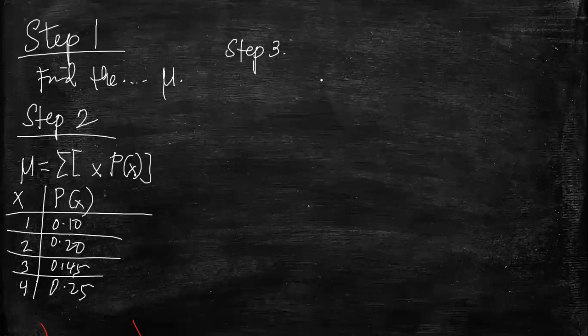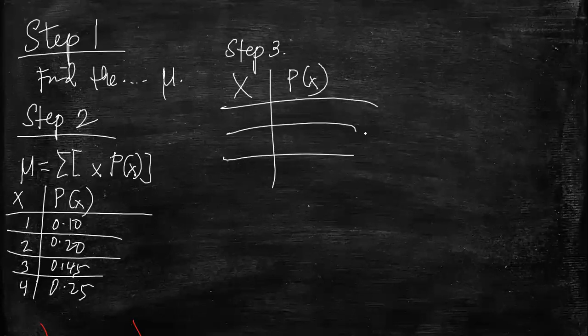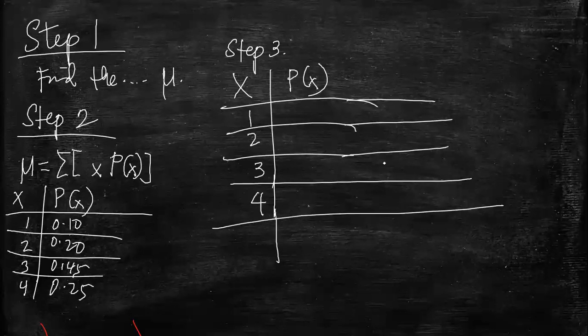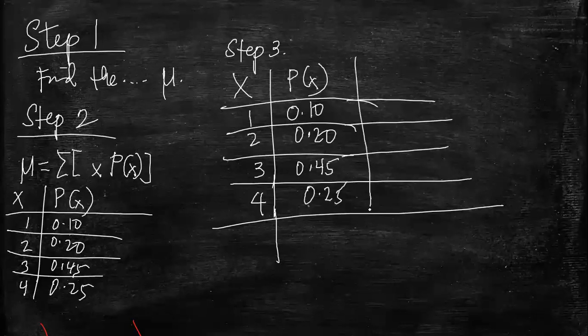So, sulat natin yung table. So, we have x times p of x. So, ganun lang ulit. Ayan. So, 1, 2, 3, 4. And then, the probability, 0.10, 0.20, 0.45, and 0.25. And then multiply that with our x times p of x.